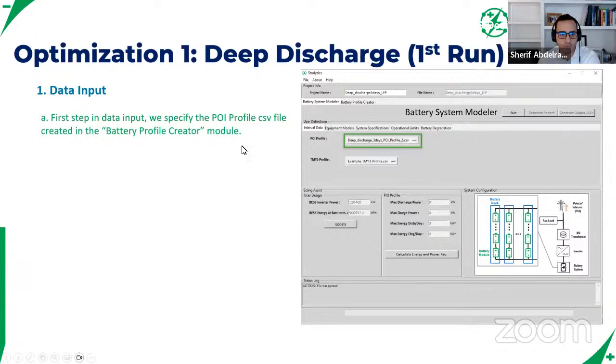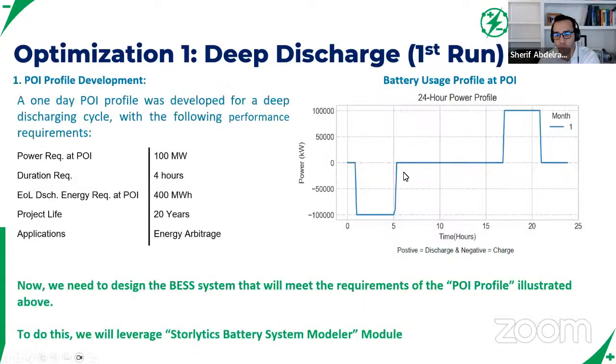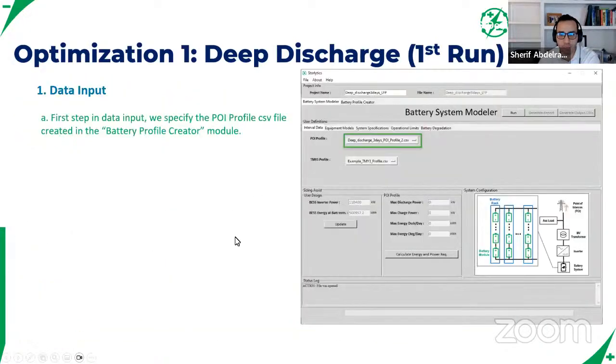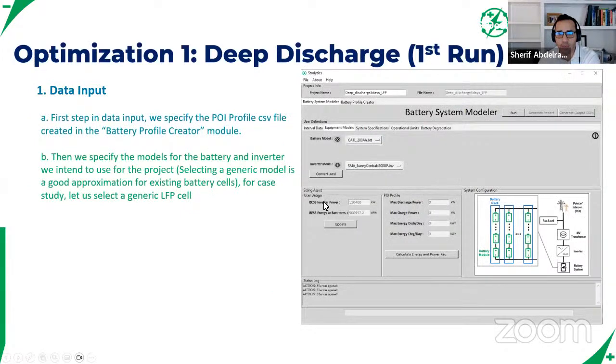We have 3 exactly similar days that we're simulating, all of them looking like this. You're charging in the morning and then discharging later in the evening here. So we specify that BESS profile, and then we start filling out the equipment models here.